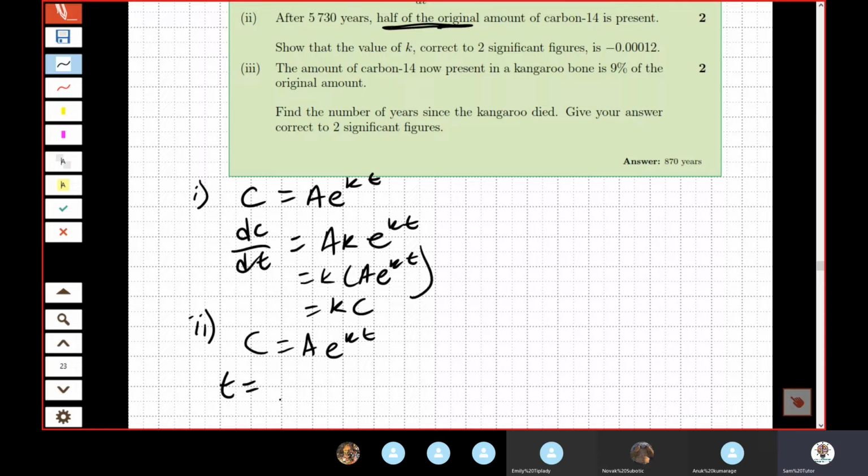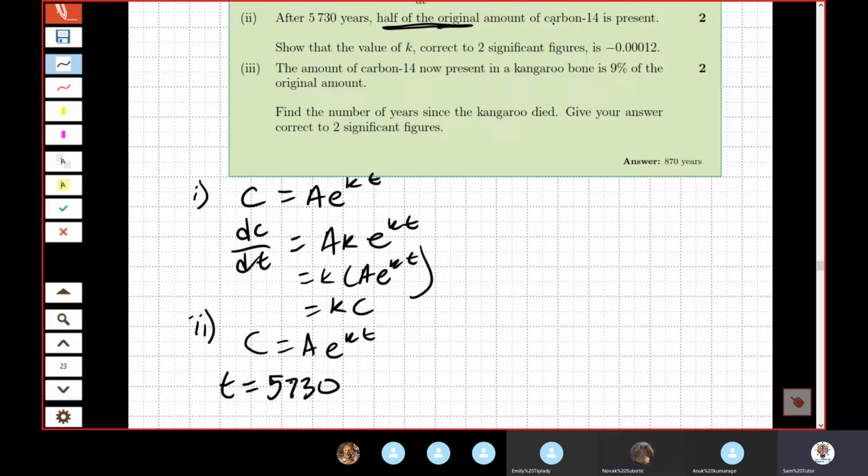What is t equal to? Would that be half of the original? So okay, no. Time is still the time. Time is not changing. So time is what? How many years? 5,730. Yeah, so that doesn't change.